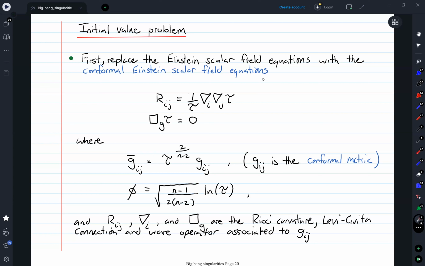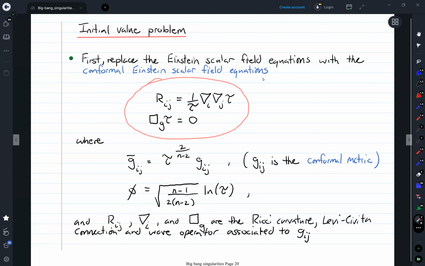Before I talk about the initial value problem, first I want to slightly reformulate the equations that I'm solving, and this will be mostly cosmetic. Instead of considering the Einstein scalar field equations, I'm going to consider these equations, which I'll call the conformal Einstein scalar field equations. They are completely equivalent to the Einstein scalar field equations, except that rather than using the physical metric, I use a conformal metric, g, which is related by that formula, and rather than using this scalar field, I use this scalar field.